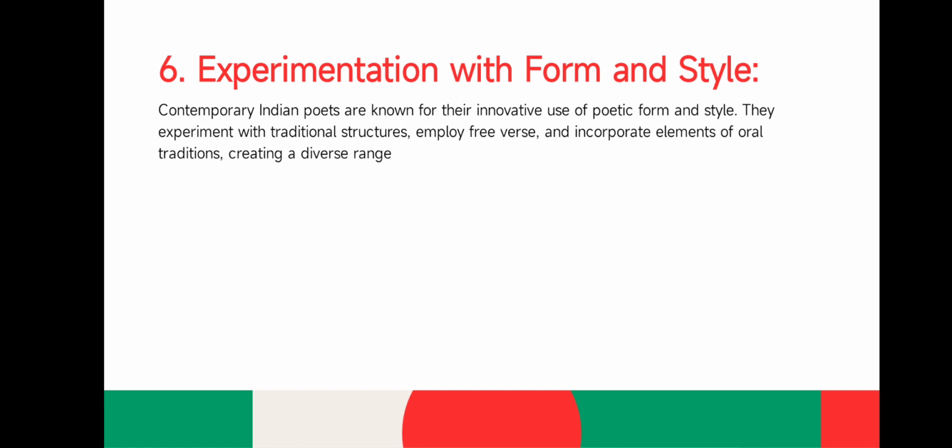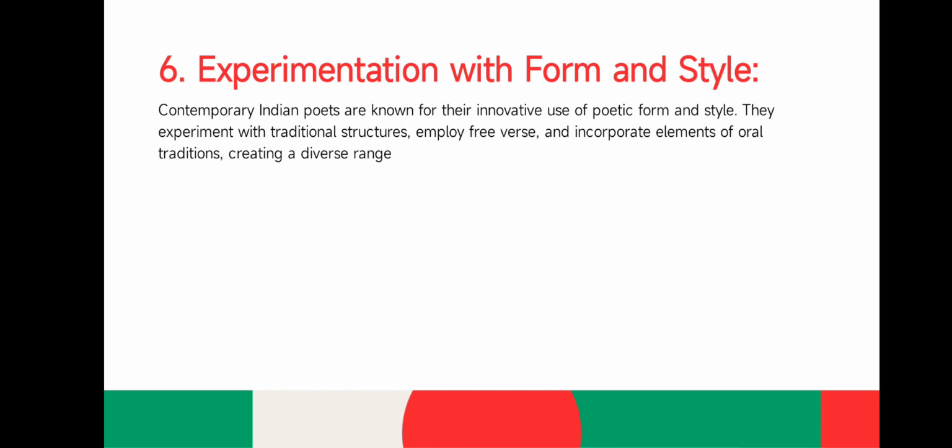Then we see a kind of experimentation with form and style. Contemporary Indian poets are known for their innovative use of poetic form and style. They experiment with traditional structures, employ free verse, and incorporate elements of oral traditions, creating a diverse range.